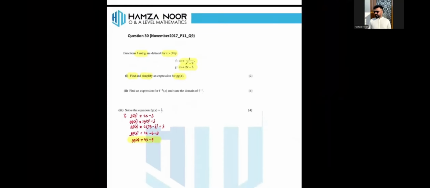So g(g(x)) is basically 4x minus 6 minus 3, which is 4x minus 9. This is the composite function as per the requirement g(g(x)). Okay, so here we have part 1.